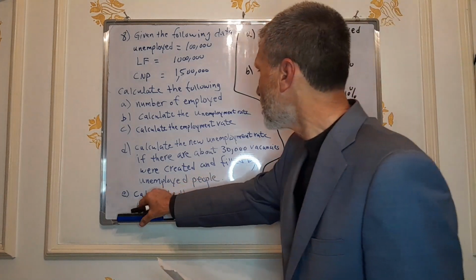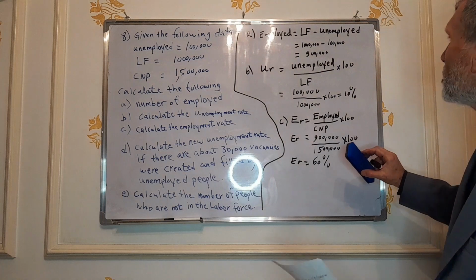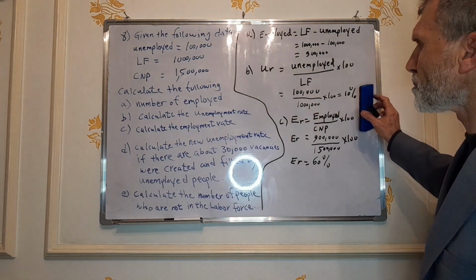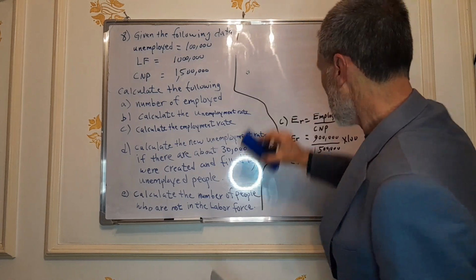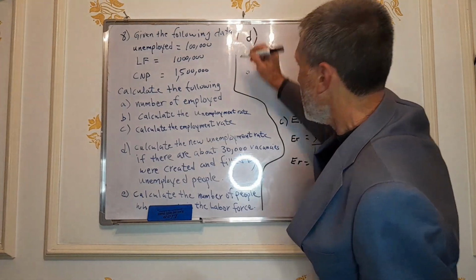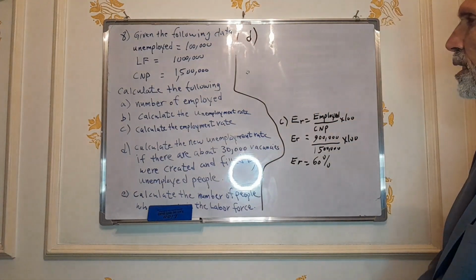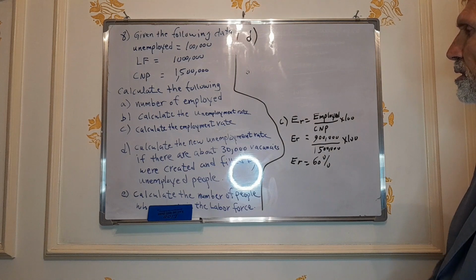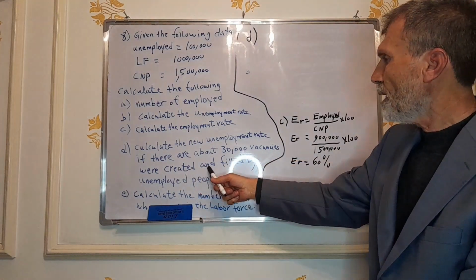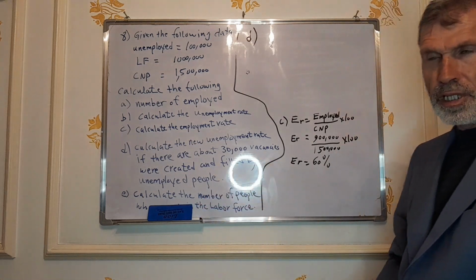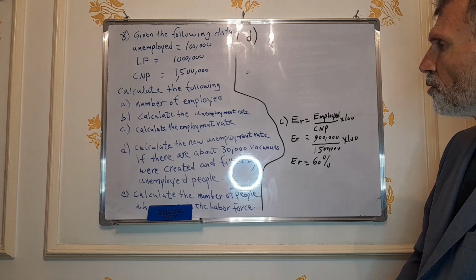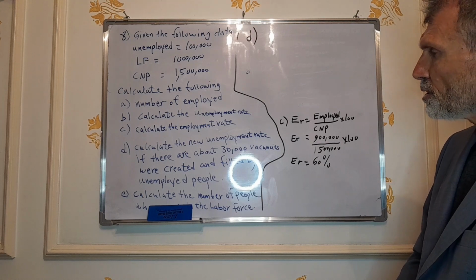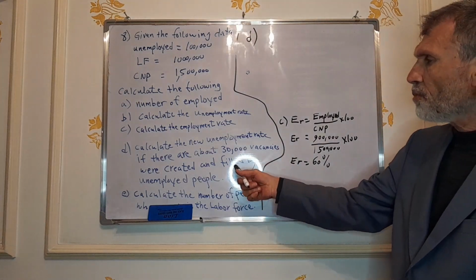Now, part D, let me erase over here. Part D says calculate the new unemployment rate if 30,000 vacancies were created and filled by the unemployed people. First we have 100,000 unemployed. Now the economy is creating 30,000 jobs, and those 30,000 jobs were filled by the unemployed.